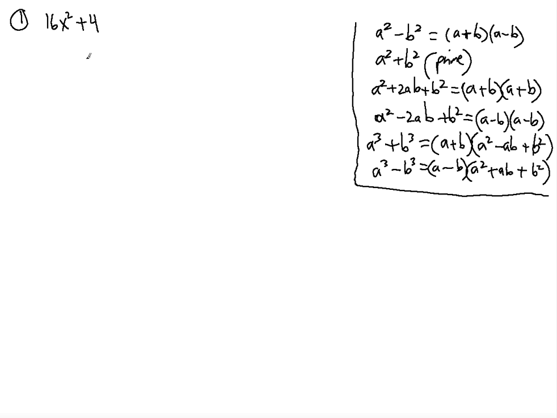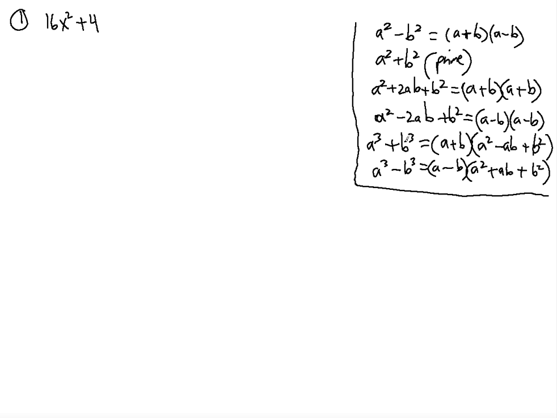Do you think it can be factored? First of all, which ones are you going to use for this as a possibility? You're going to use only the ones with two terms, because this polynomial has only two terms. You obviously have a plus sign, so you're going to only deal with two terms with a plus sign involved. So it's going to be only the second type.